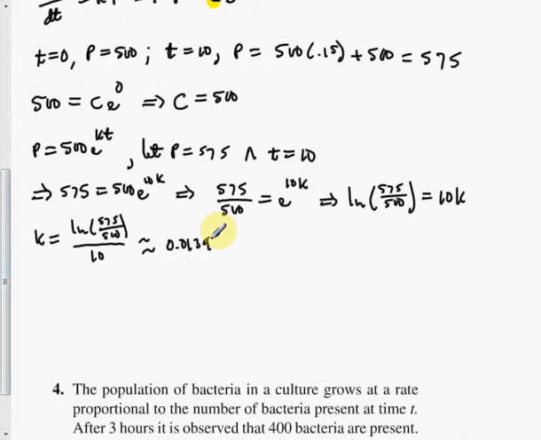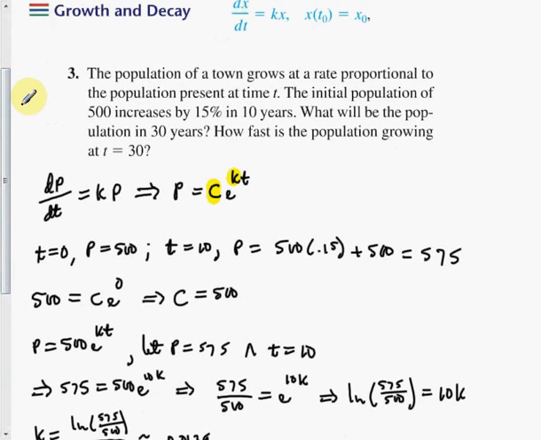And so if that be the case, then we have P is equal to 500 times e to the 0.0139 times t. So then the question is, what will be the population in 30 years?